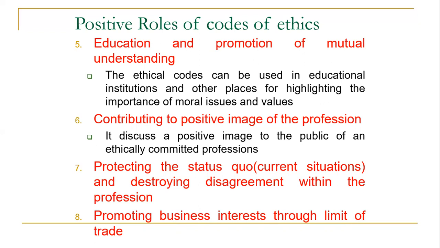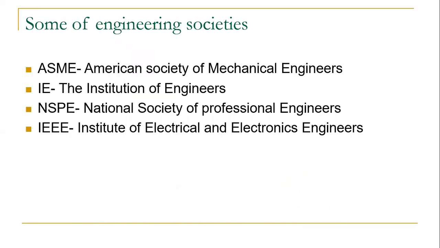The last one is promoting business interests through restraint of trade. The codes of ethics promote business interest through restraint of trade. They help in facilitating morally feasible business dealings for the professionals. Some reputed engineering societies have published codes of ethics. The first one is ASME, that is American Society of Mechanical Engineers.